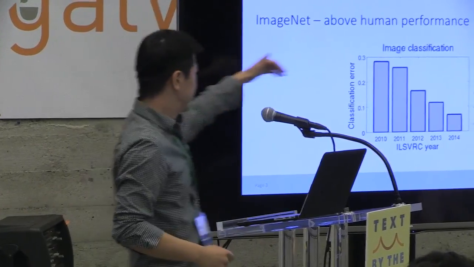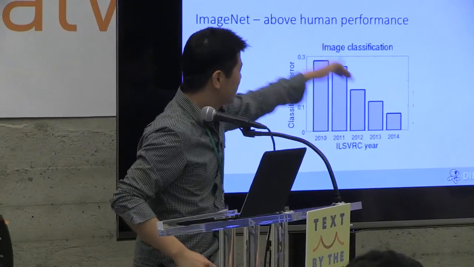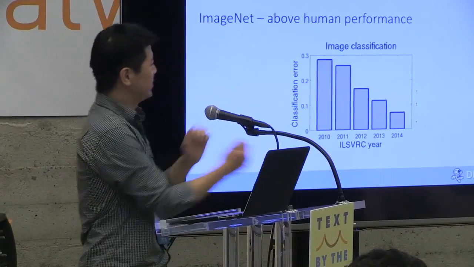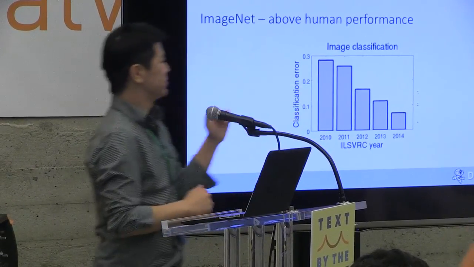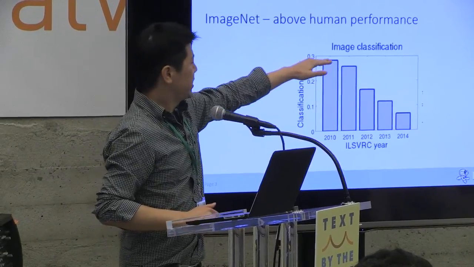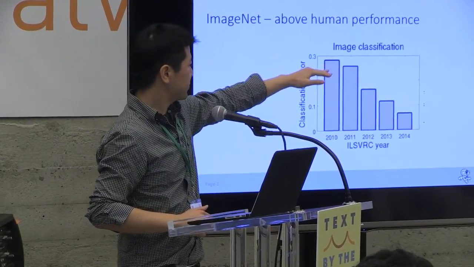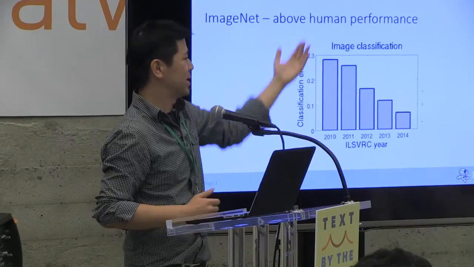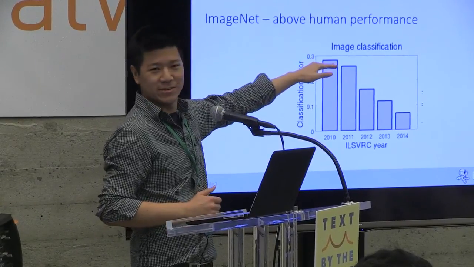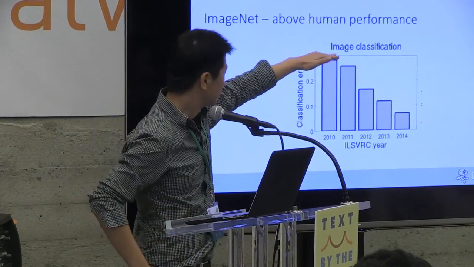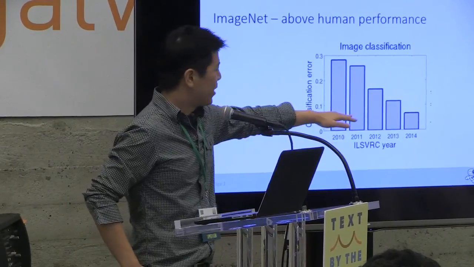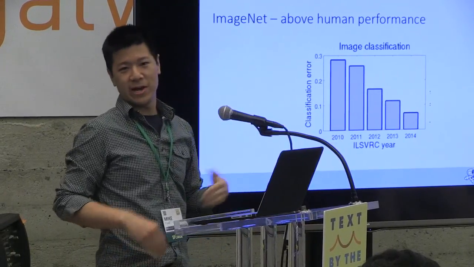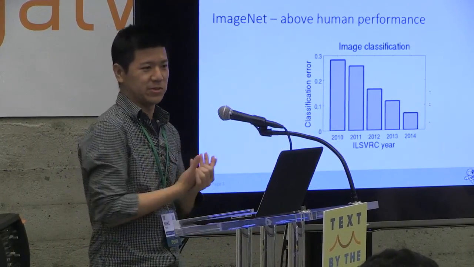I don't think this graph really does justice to how big of an improvement this is, because when you're at 0.3 classification error, it's pretty much random, and sometimes it's right. You can't really trust it. And now it's performing better than an expert looking at these images all the time.